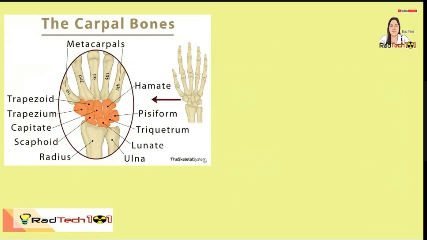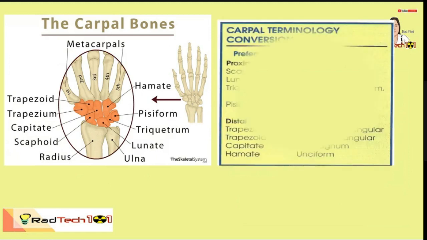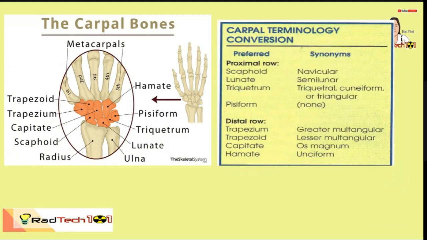So to help you memorize, I have here a picture of your carpal bones. So again, we have the carpal terminology conversion. So these are the other names of your carpal bones. So sa proximal bone, we have 4.